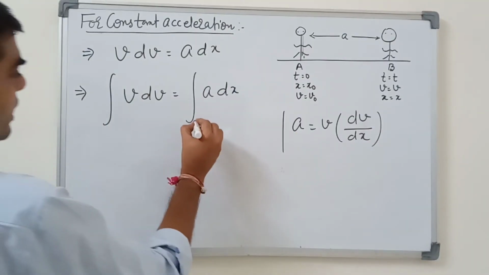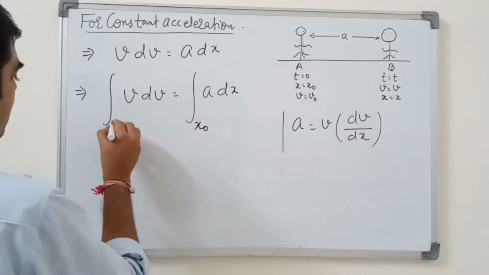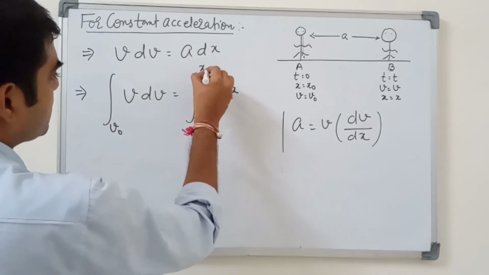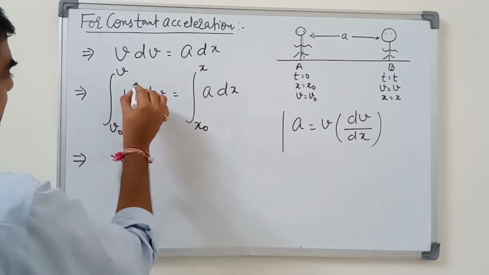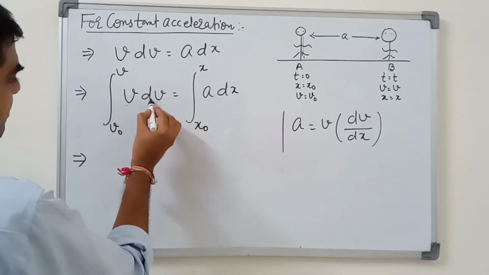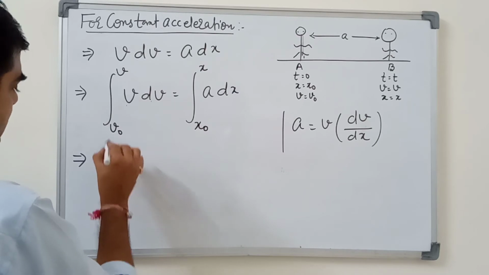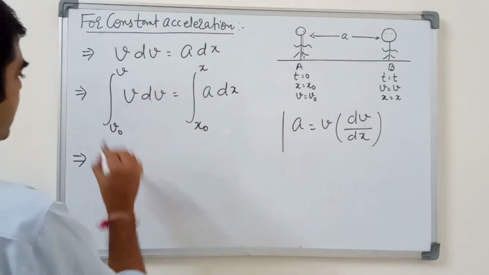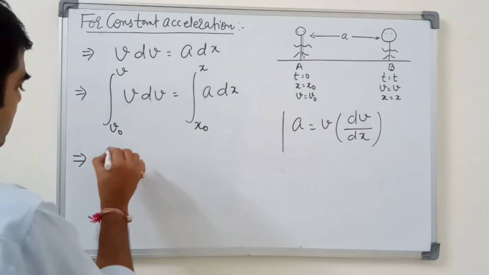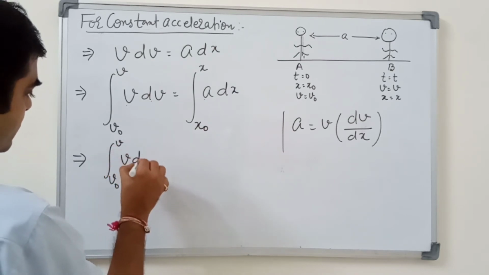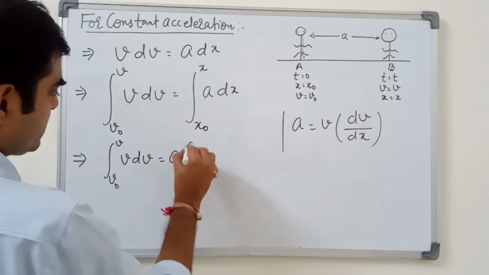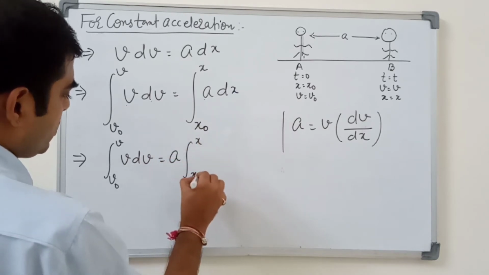Now the limits: x naught with velocity v naught, x final with velocity v. Now v is the function and dv is its derivative, so as it is, and here a is the constant. So a is the constant, and taking it common, integration of dx from x naught.